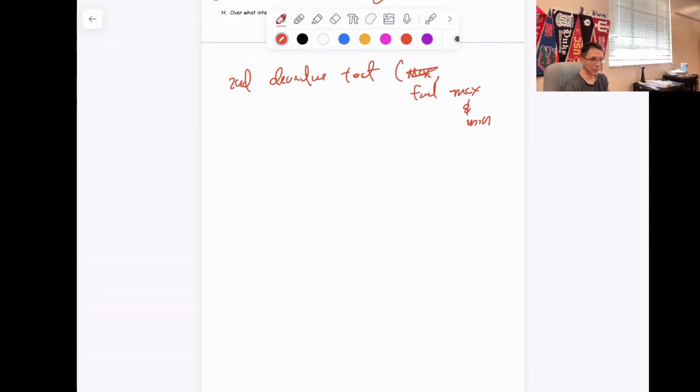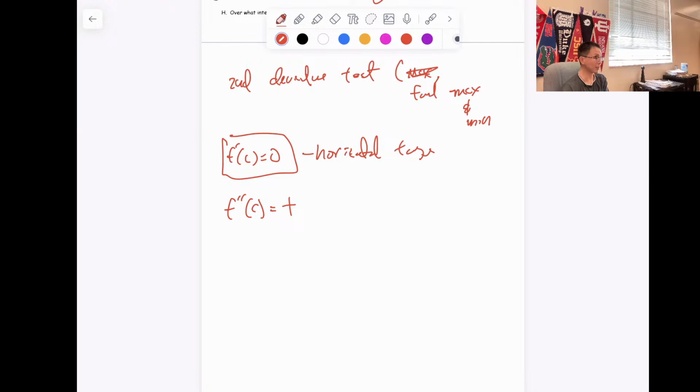So let's just say f prime of c is equal to 0. That is some type of horizontal tangent, right? Now, if f double prime of c is positive, what happened to c? Is c a maximum or minimum? Think. Don't say it.